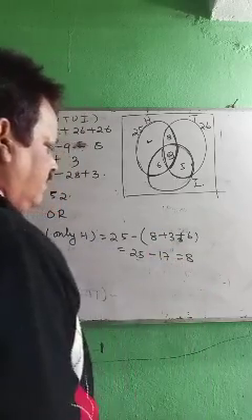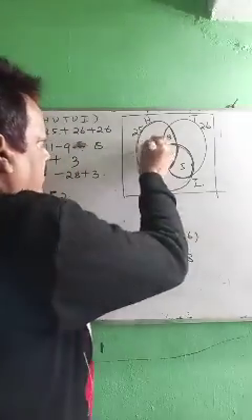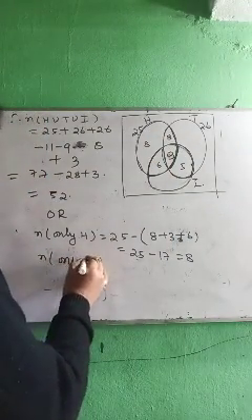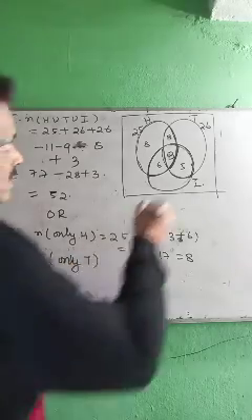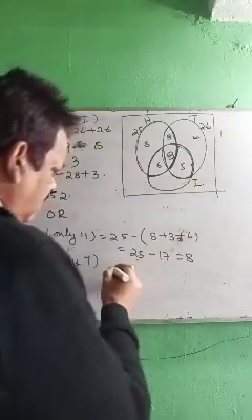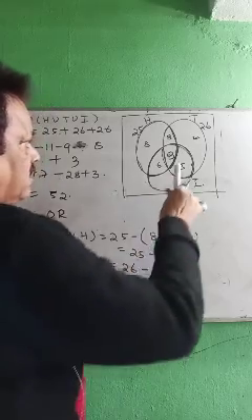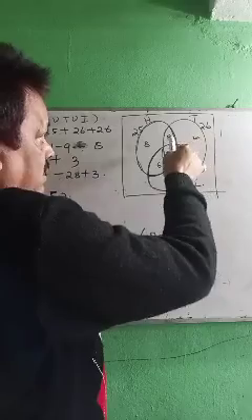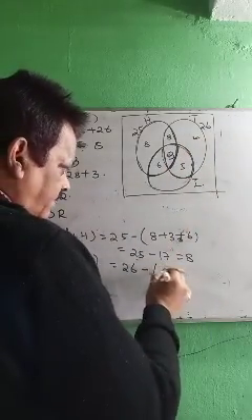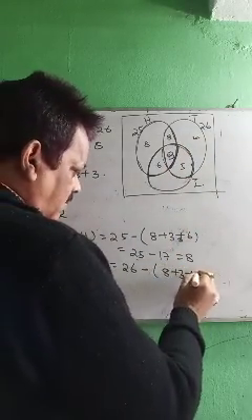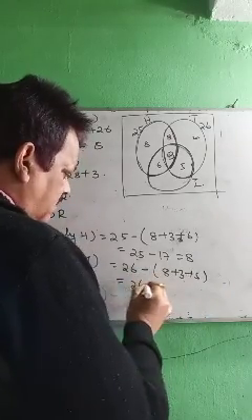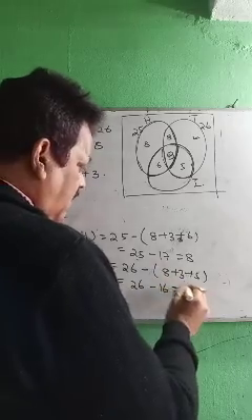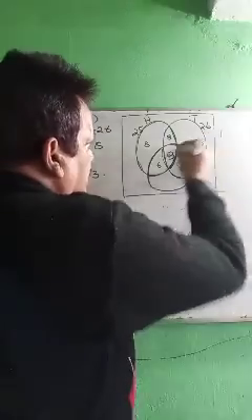That means this part became 8 for you. Only T means this part: 26 minus (8 plus 3 plus 5). So that is 26 minus 16, and this became 10 for us.